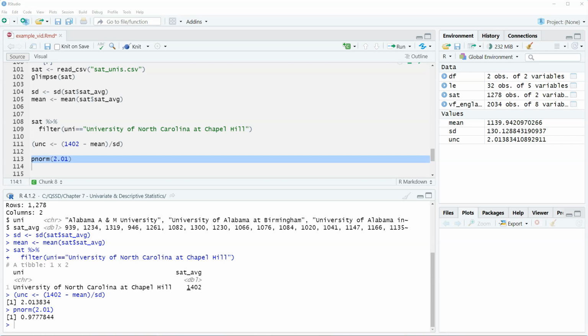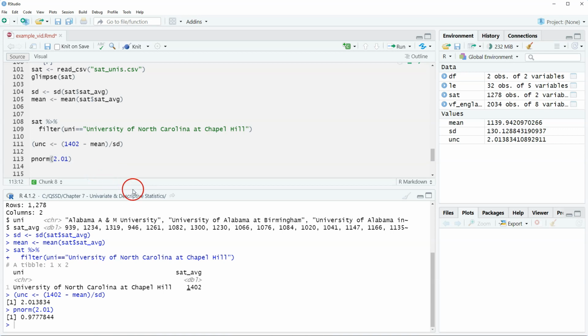So it's pretty high. It's greater than or equal to almost 98%. That means there's only 2.2% of universities that have a higher average SAT.